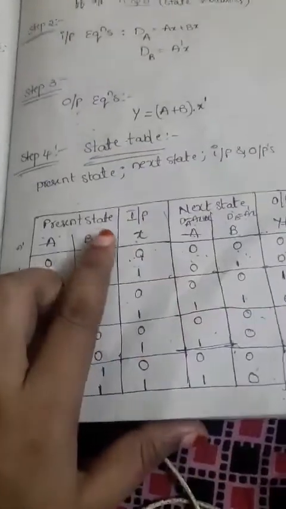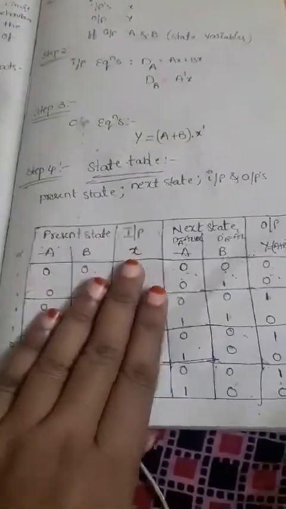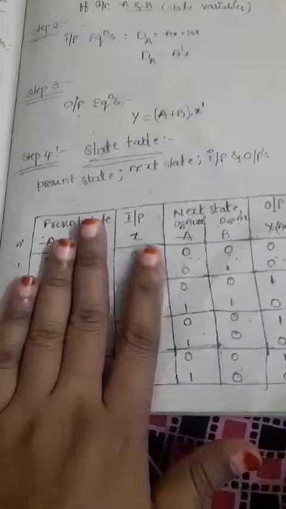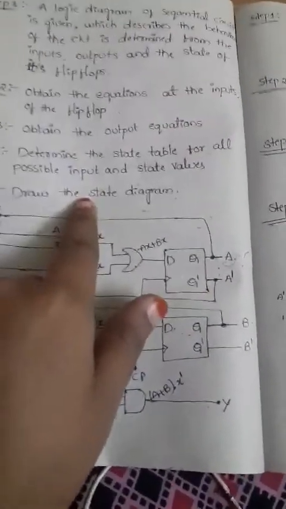If there is a single input, it is either 0 or 1. After taking the present state and input, the next state can be found from the Boolean equations. For the output we also have the expression, so substitute the input values in that formula and you get the state table. After getting the state table, the final thing is the state diagram, which will be found like this. So this is the analysis procedure.